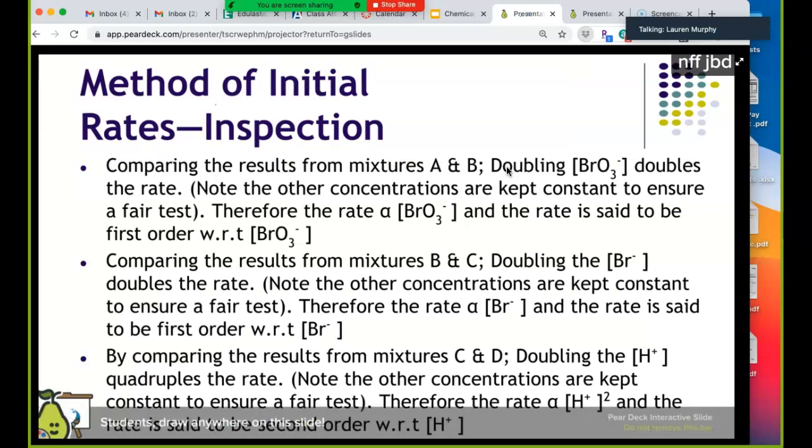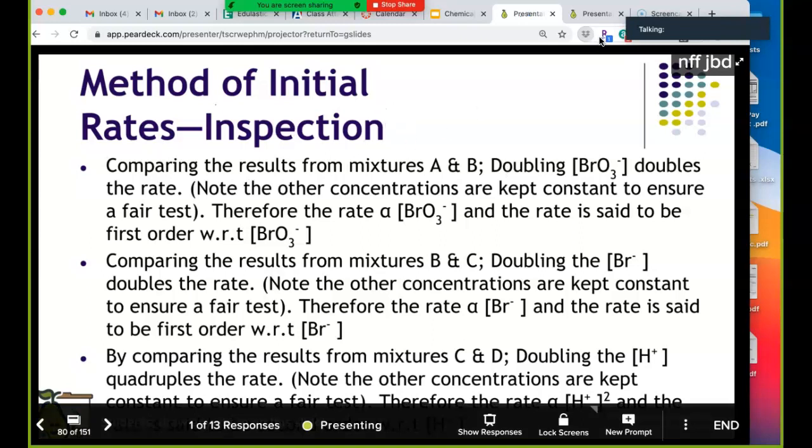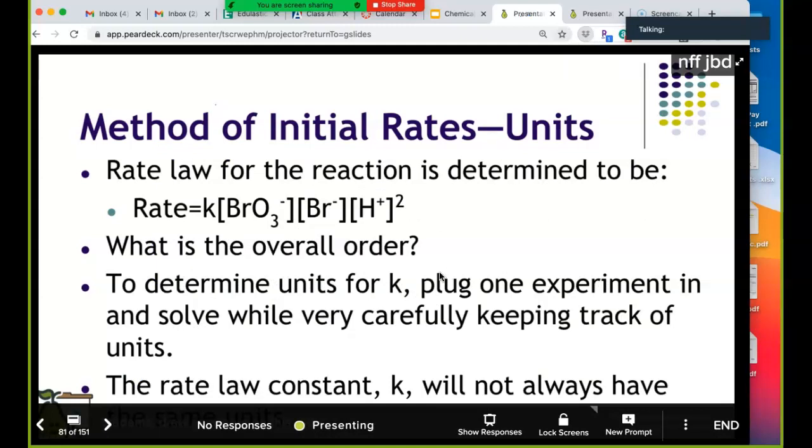What is the overall order for that reaction? It's first order and first order, right? And then second order. So the overall order for that reaction would be 4 because 1 plus 1 plus 2 is 4. So overall order is 4.